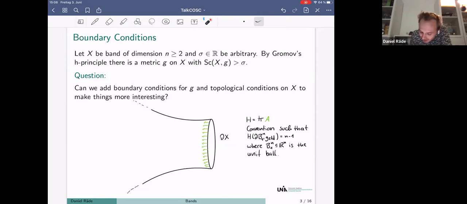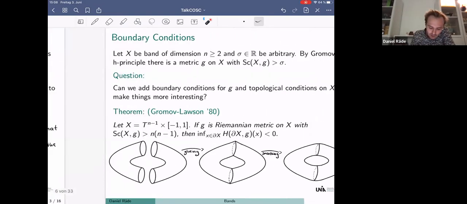So let's say the convention is such that if you have the unit ball in R^n and its boundary, which is the unit sphere, and you take the interior unit normal vector field, then with this condition, the mean curvature of that is n minus 1. Okay? So the boundary of the unit ball has positive mean curvature.